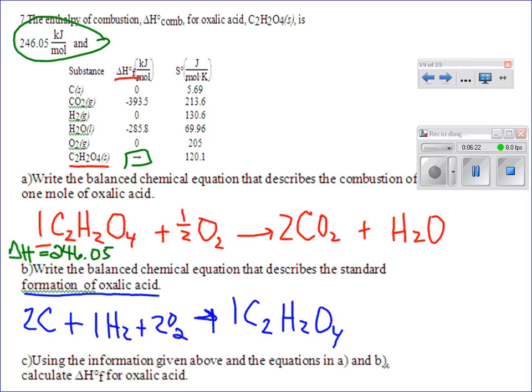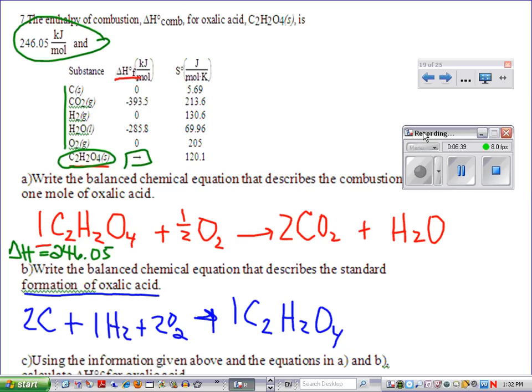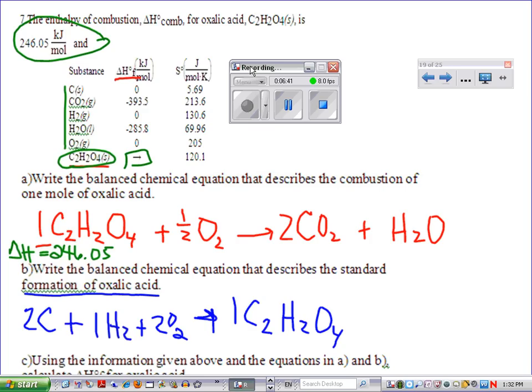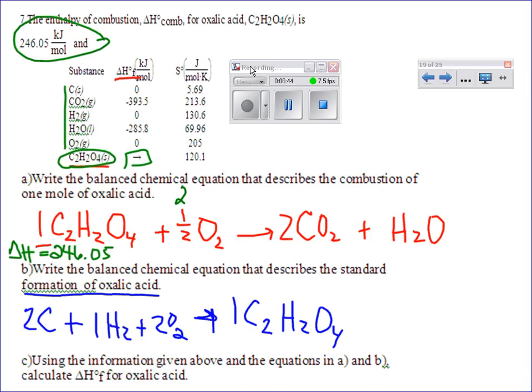If I know the delta H for A, and I know all the heats of formation except for that one, what can I do? Exactly. Make oxalic acid X and solve for it by plugging all the others in. Because the room on this page is not all that awesome, I'm going to write it in here. So my delta H is 246.05 kilojoules per mole. I'm not going to write units with any of the others because of the room.